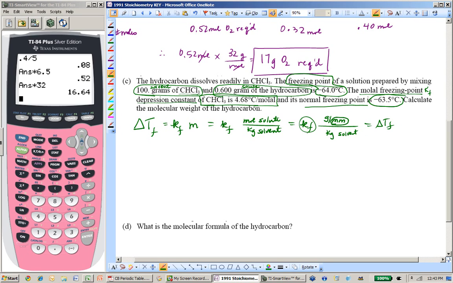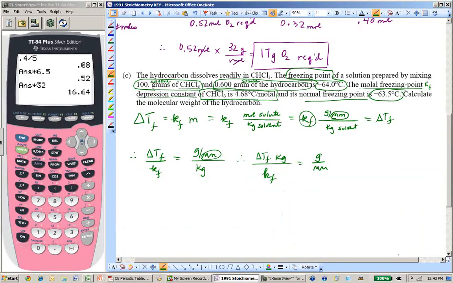I'm going to move this Kf first and say that delta Tf divided by Kf is equal to grams over molar mass over kilograms of solvent. I'm not going to keep writing the solvent. I'm too lazy. I'm still trying to solve for this. So if I multiply the kilograms by both sides, then I'm going to get delta Tf times kilograms over Kf is equal to grams over molar mass. I would rather flip it at this point, but there's, again, more than one way to skin a cat.